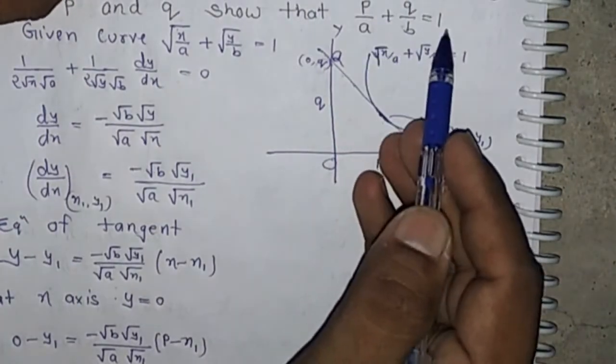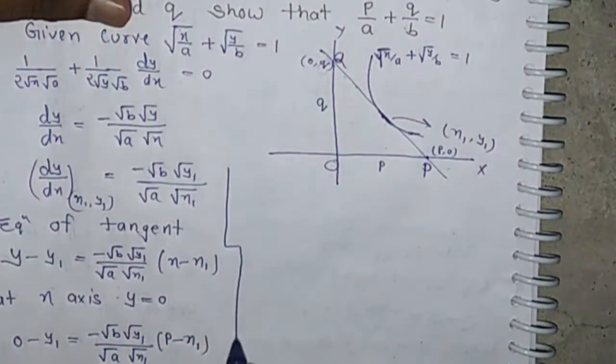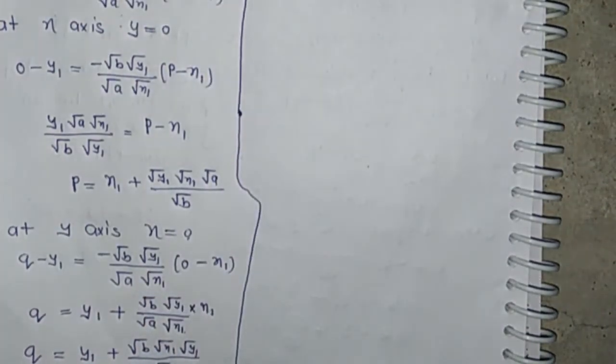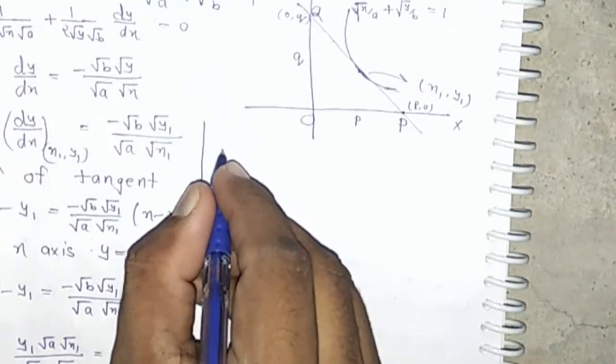Now we have to show that p by a plus q by b equal 1, so we find the value of p by a and the value of q by b.